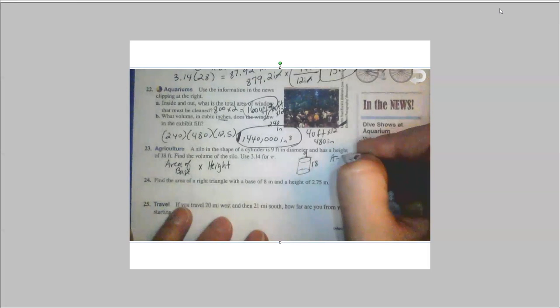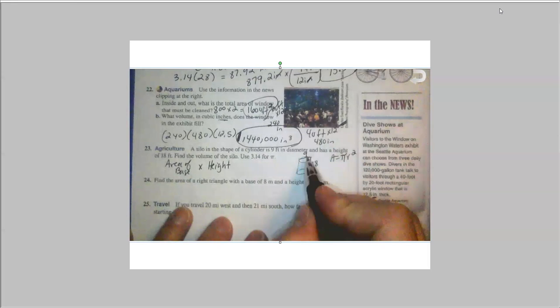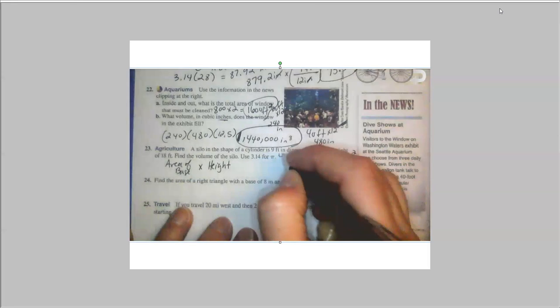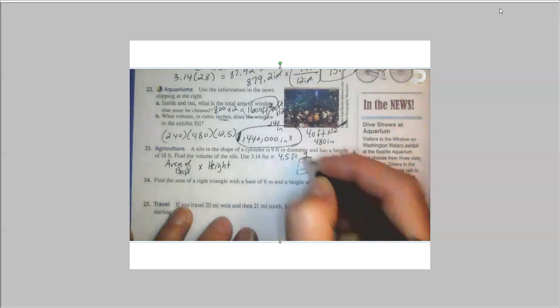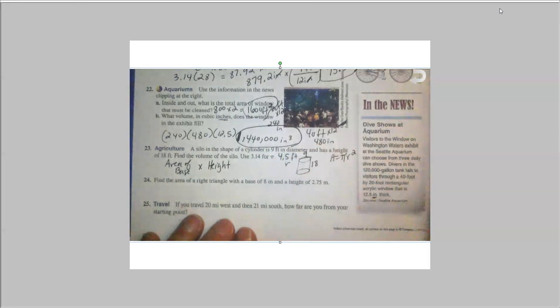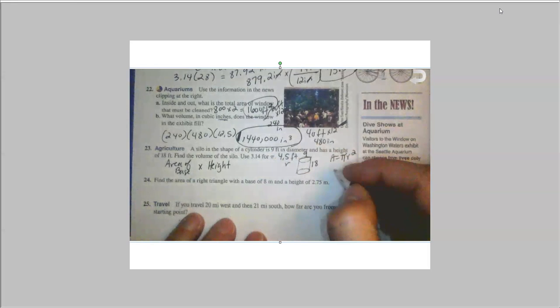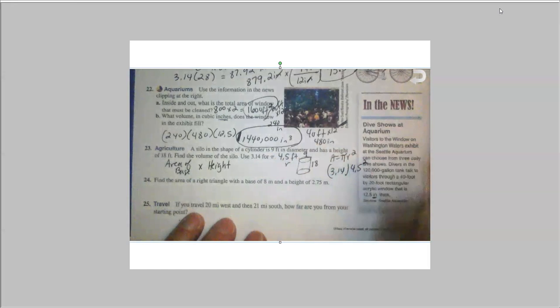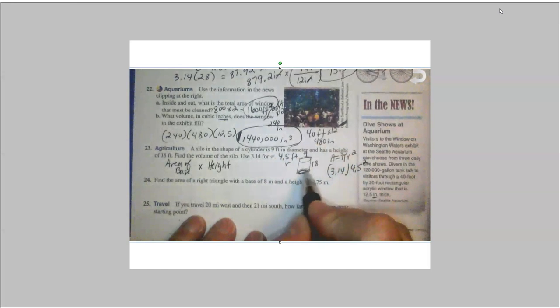Area of a circle is pi r squared. I know the diameter is 9. Half of 9 would be 4.5. Okay, that's r, half of 9. So I've got 3.14 times 4.5 squared. That's the area of this circular base.